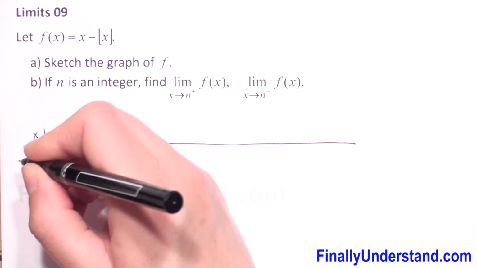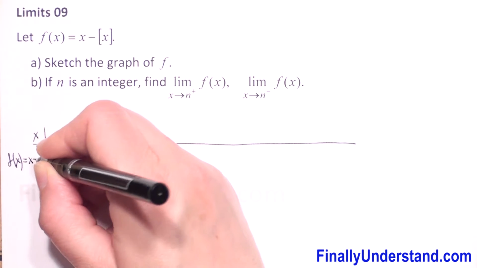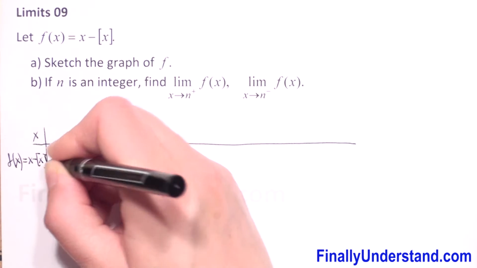The first row is x, and the second will be the value f of x equals x minus, in brackets, x.